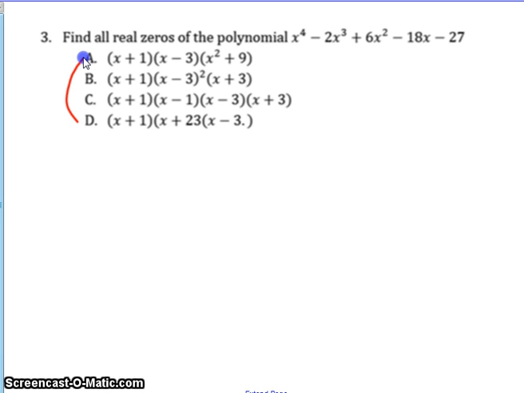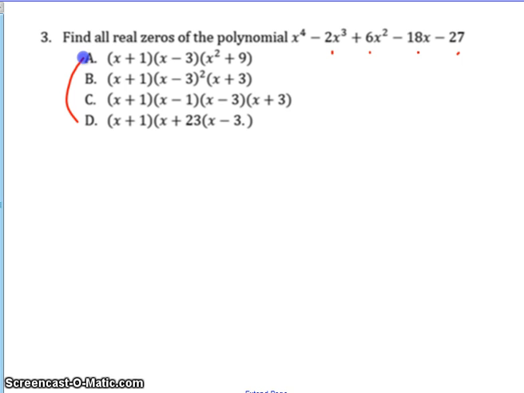So we have a polynomial with 1, 2, 3, 4, 5 terms. And I don't know how to factor that straight off, but I do know a rule about how to find possible factors.